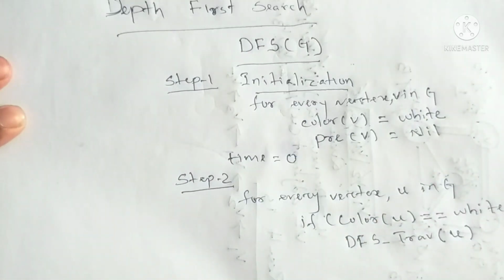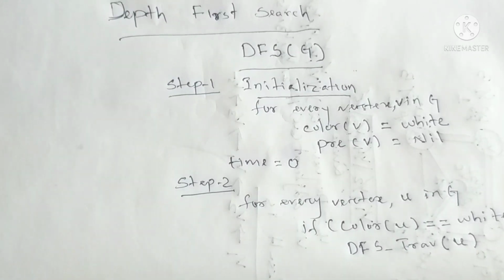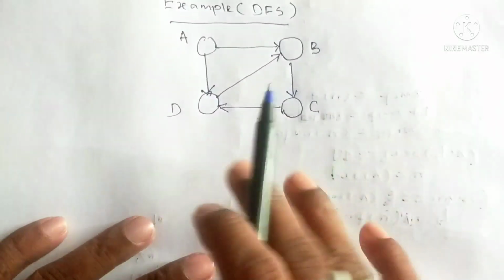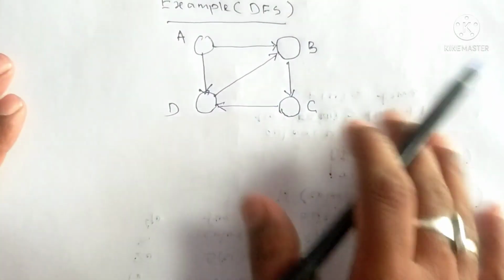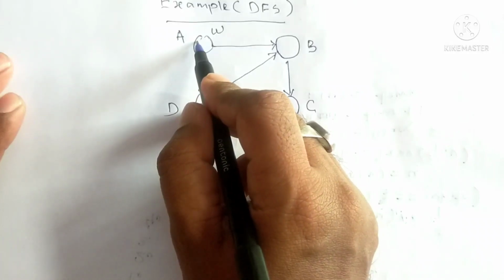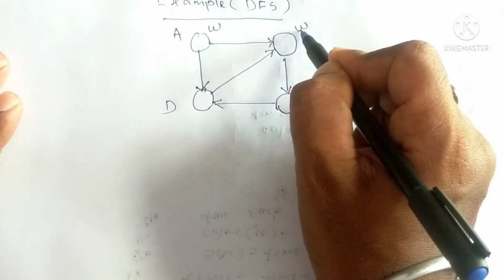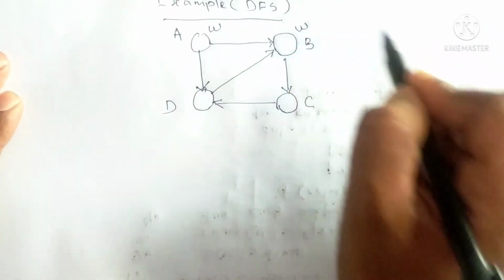Now what should we do? In your given graph, I am going to paint with white color. Here I am writing W, meaning vertex A is painted with white color. Here I am writing W near B, meaning vertex B is painted with white color.